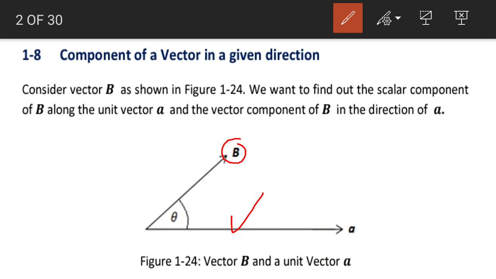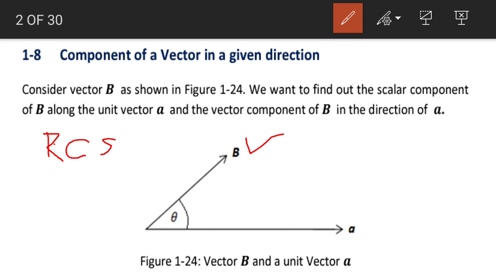Why do we need to find out the component of a vector along a line? Let's say we want to represent the same vector in rectangular coordinate system. And we know that there are three lines in rectangular coordinate system.